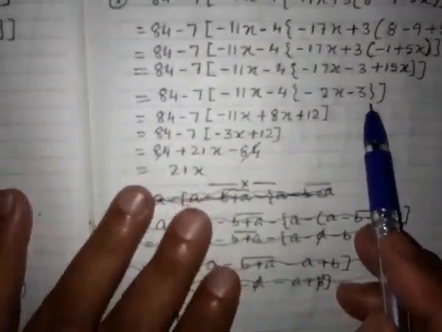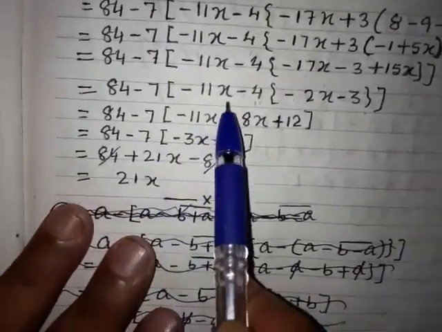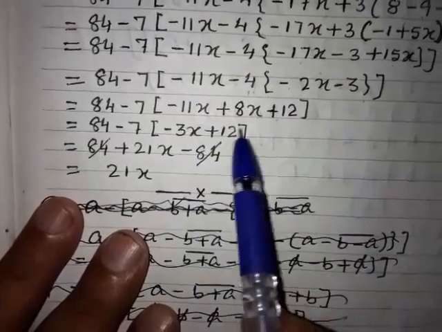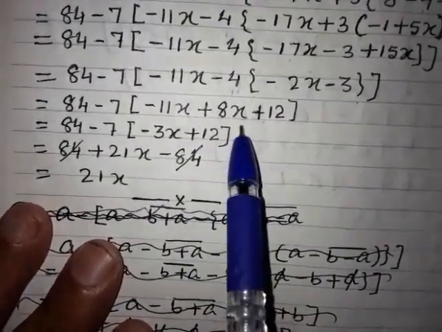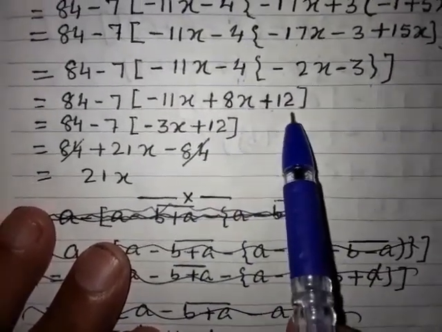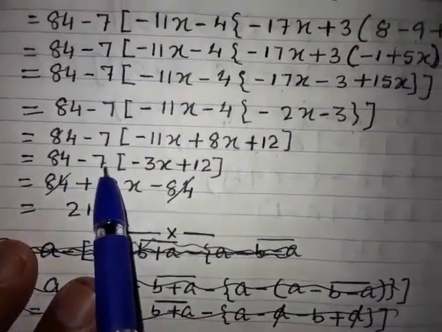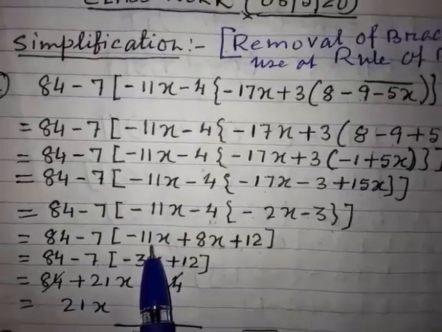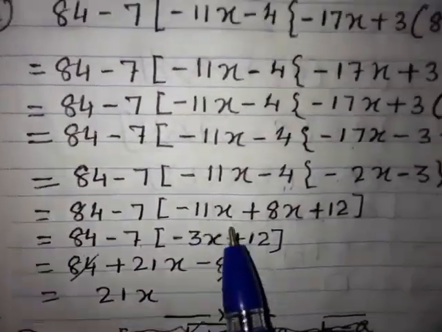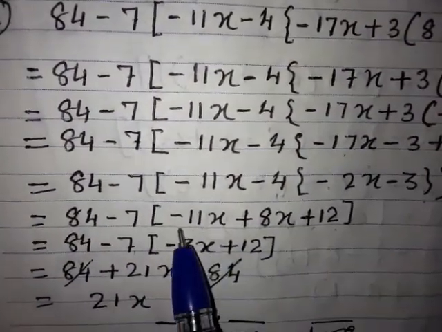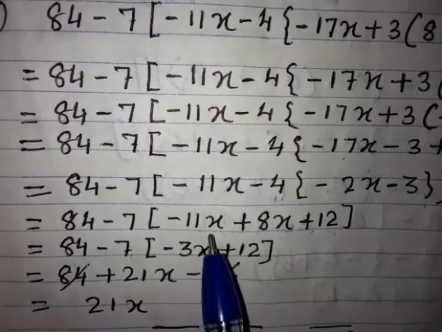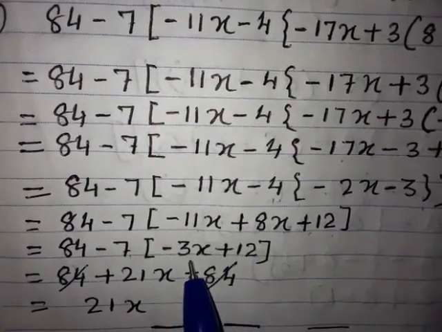Now I am going to do the calculation of the third bracket. Now what is there in the third bracket? Whatever I got here after doing the calculation, second bracket, third bracket, going to the calculation of the third bracket here. So 84 minus 7, and in between the 11x, minus 11x plus 8x. Before the bigger number, what sign? Minus. So minus will come, 11x plus 8x, minus 3x plus 12.